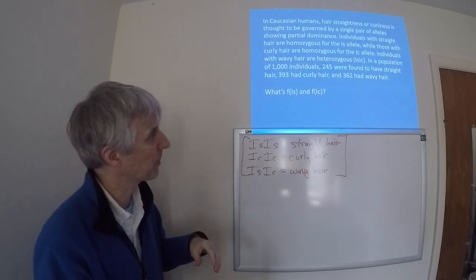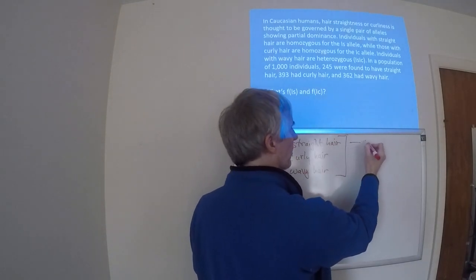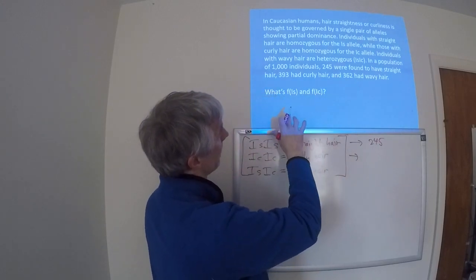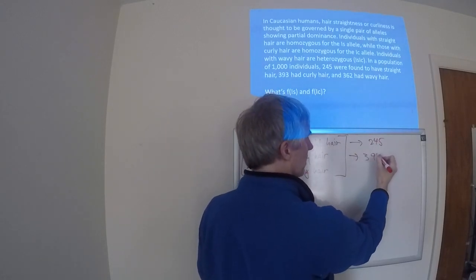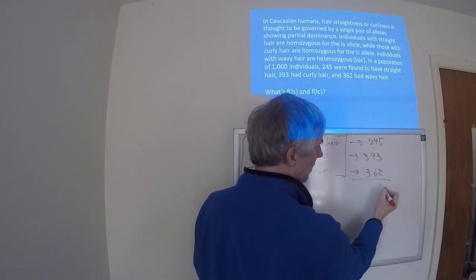Okay, all right. In a population, there are 1,000 individuals. 245 have straight hair, 393 curly hair, and 362 wavy hair.